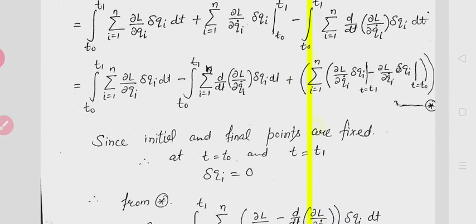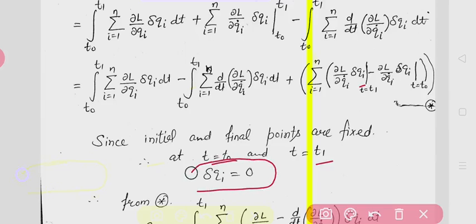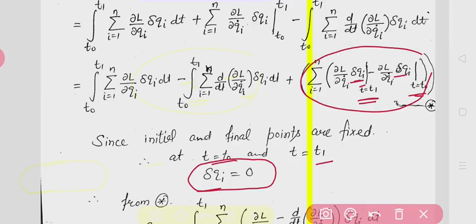That means the points at t0 and t1 are fixed. If the points are fixed, that means qi is fixed. If qi is fixed, that means delta of qi will be equal to 0 for the initial and the final point. So delta qi at the initial point is 0, and delta qi at the final point is also 0. So this part will be removed, and we are left with only this part.